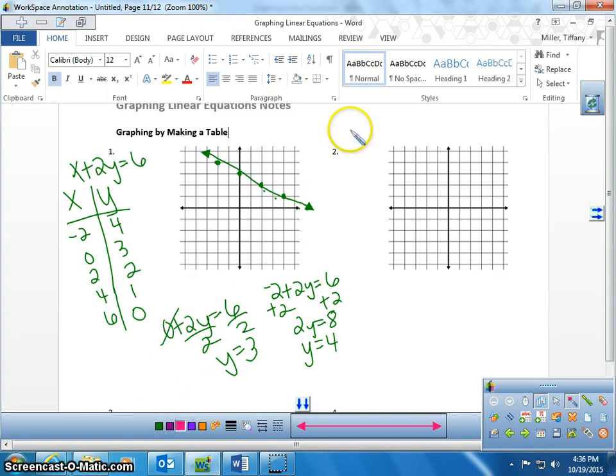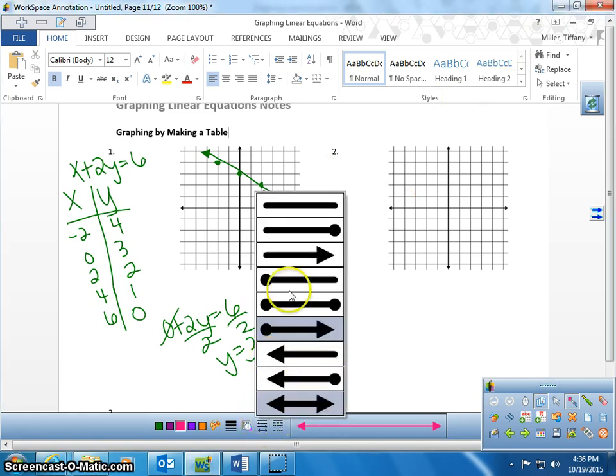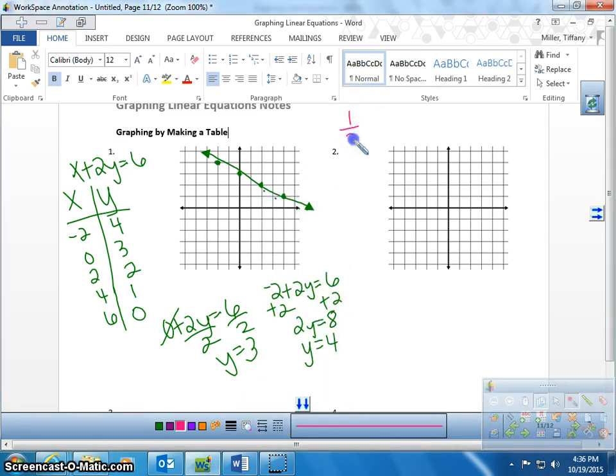Number 2. Number 2 is 1/2 y minus x is equal to 1. So you can use your chart, x, y, and plug in. Again, you can choose any value of x. I'm going to plug in -2, 0, 2, 4, and 6.